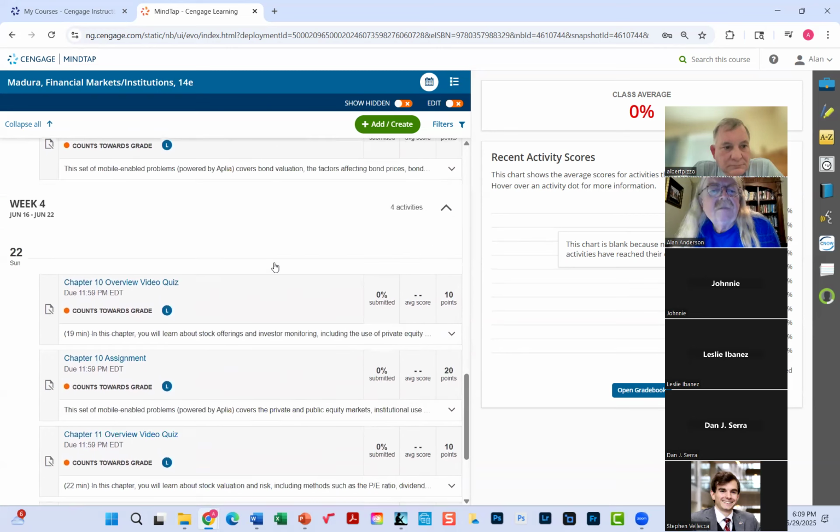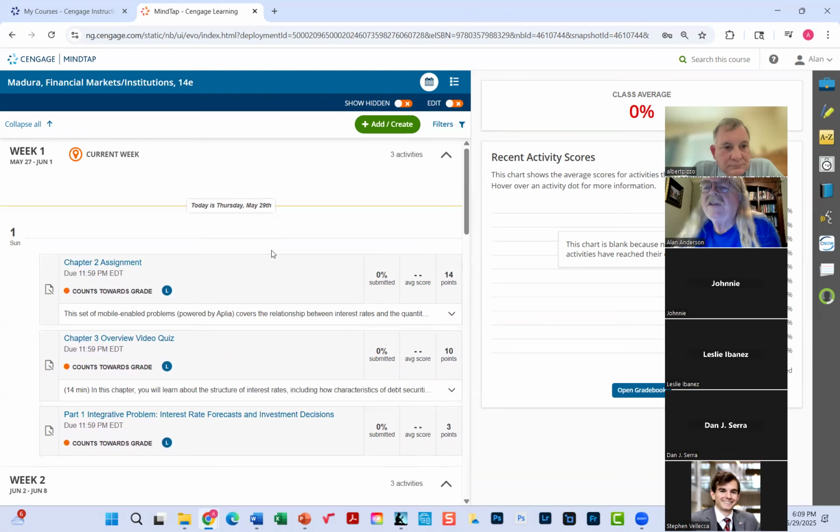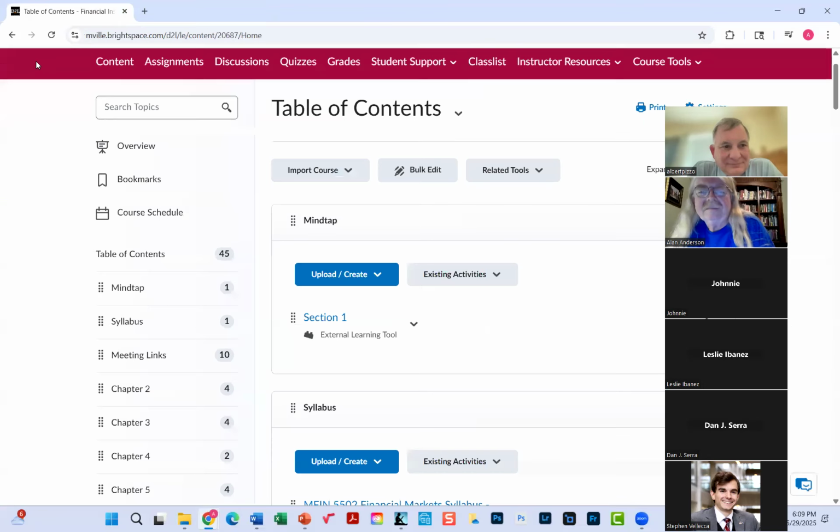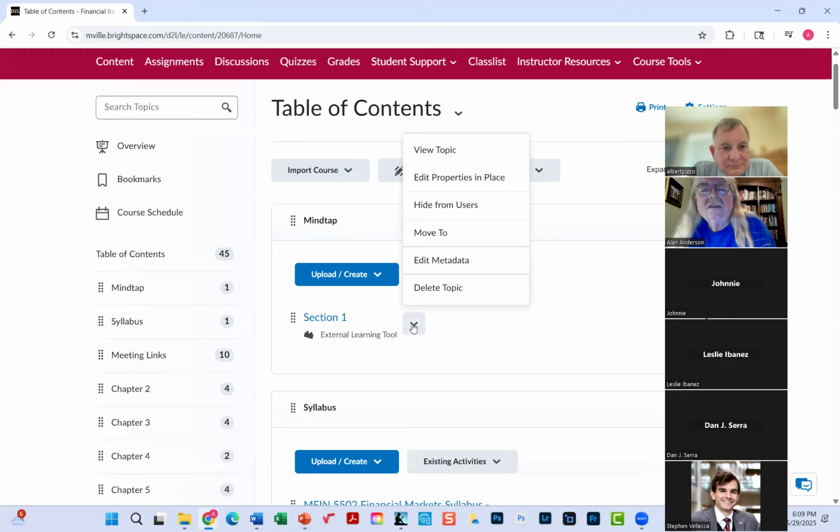Okay, so now here's the big question. How do you get your hands on MindTap? That's the big issue. So we go back to Brightspace. Now you notice how it says external learning tool. This is a link. Now, I don't know what's going to happen if I click it because I already have this, but when you click it, it's supposed to give you the opportunity to register for the MindTap.